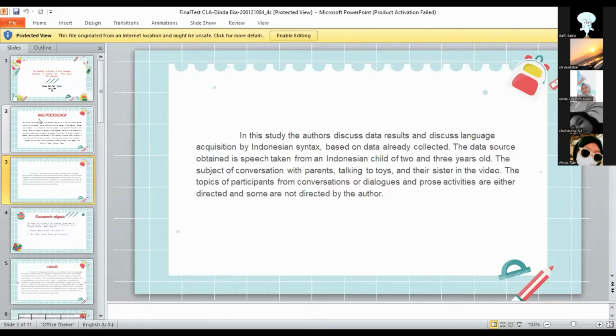The data source obtained is speech taken from an Indonesian child of 2 and 3 years old. The subject of conversation is with parents, talking to toys and their sister in the video. The topics of the conversations or dialogues and prose activities are either directed or not directed by the author.